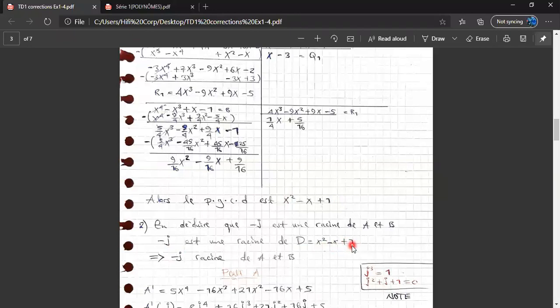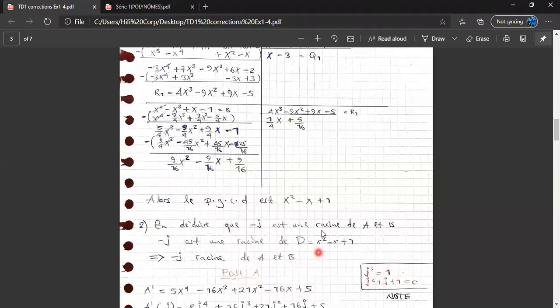If you want, you can prove it. Put your negative j here. A racine is something that when you put it in a polynomial, it will give you 0. Remember that definition. So when you put a negative j here, what are we going to have? This is squared, so any number, when it's squared, becomes positive.